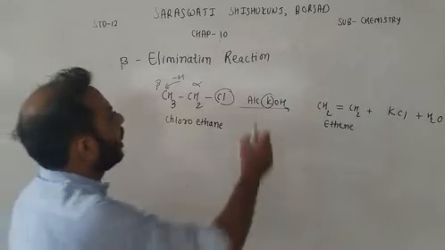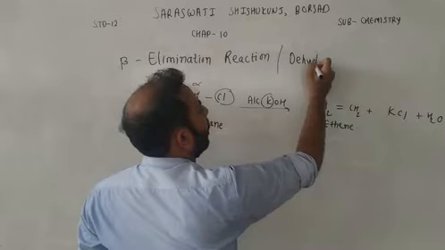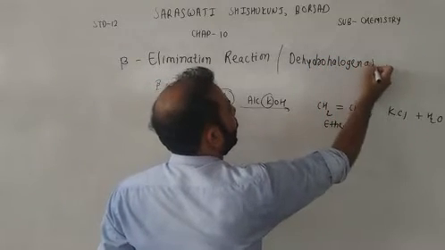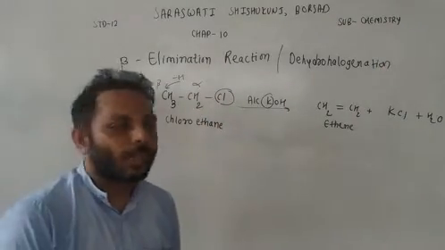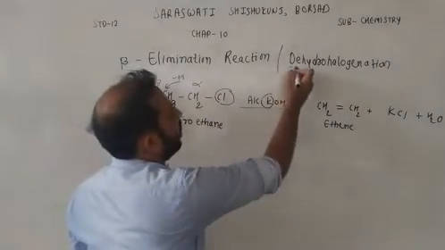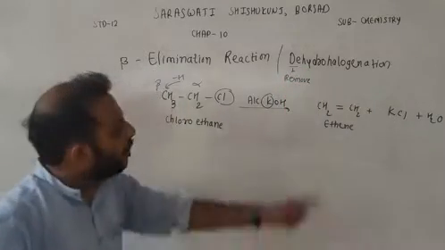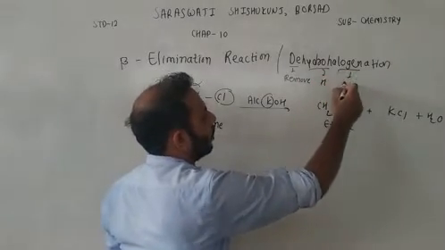Another name of this reaction is dehydrohalogenation. Why is it known as dehydrohalogenation? The reason is, de means remove. Hydro means hydrogen and halo means halogen.